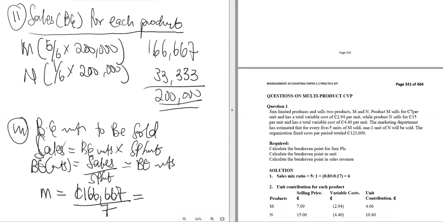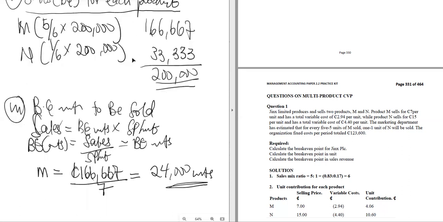This should give me how many units we must sell to break even. 166,667 divided by 7, we end up with 23,809, which is approximately 24,000 units, because of our rounding offs. But we should get the same break-even units, something closer. You see here, I'm getting 24,000 units.